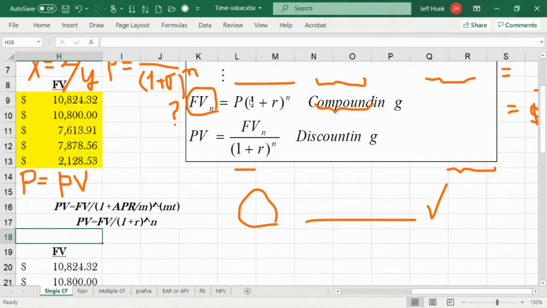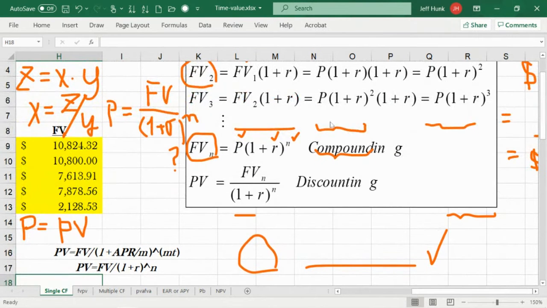In other words, P is known, R is known, N is known, right? That way we can solve for future value.